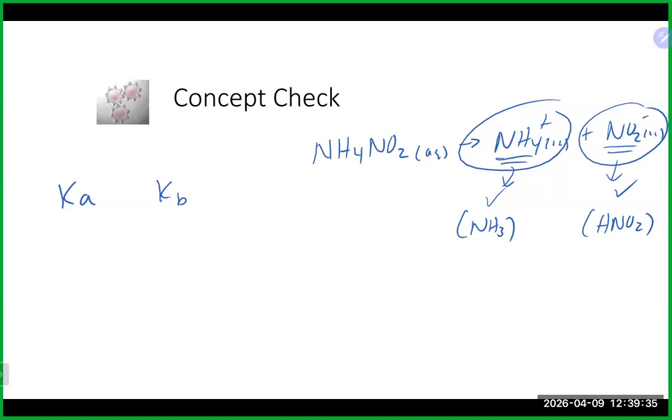You compare the Ka value for your NH4 plus to the Kb value for NO2 minus, and whichever one is larger is what will most likely happen. So let's just say, for example, here the Kb value was larger. We would ignore the Ka and just do the Kb calculation, or vice versa. If the Ka was larger, we would do just the Ka acid calculation. Any questions?